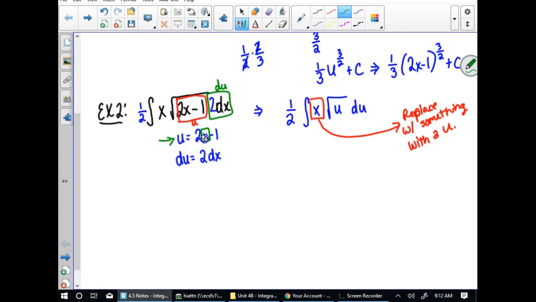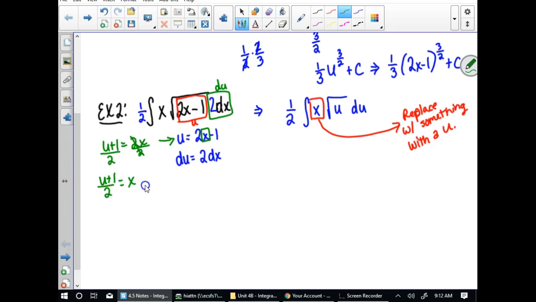So I would add the 1, so u plus 1 would equal 2x, and I divide by 2. So u plus 1 over 2 would equal x. So if we're assuming u equals 2x minus 1 is true, then u plus 1 over 2 equals x also has to be true.